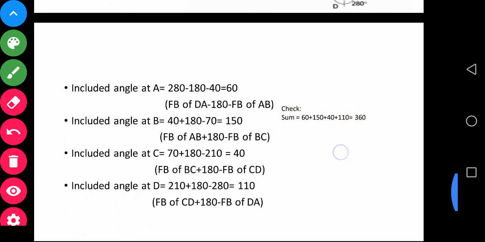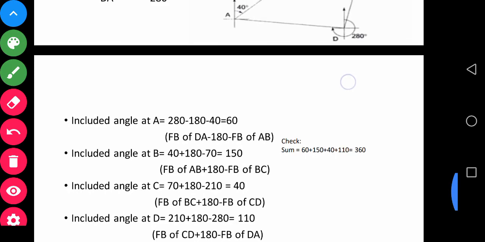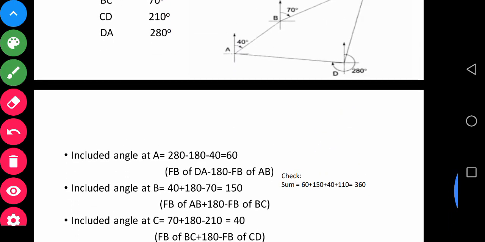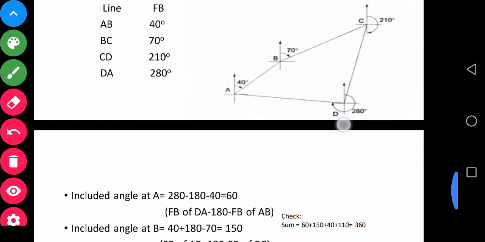A similar formula we can apply to find the included angle at B: forebearing of AB minus forebearing of BC, because for B the last or previous line is AB and the next line is BC.